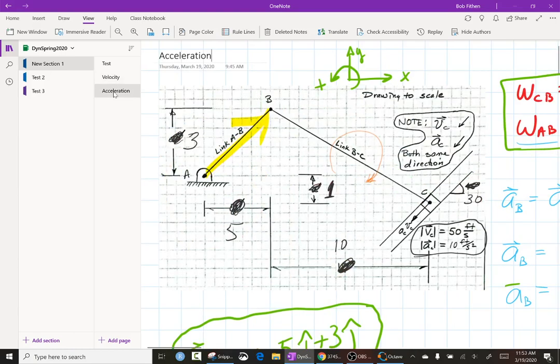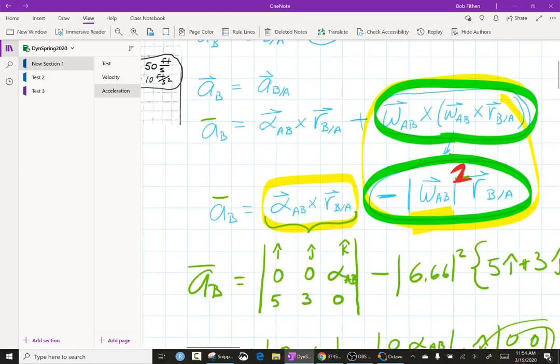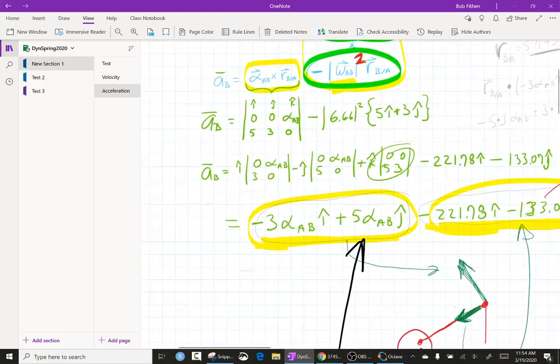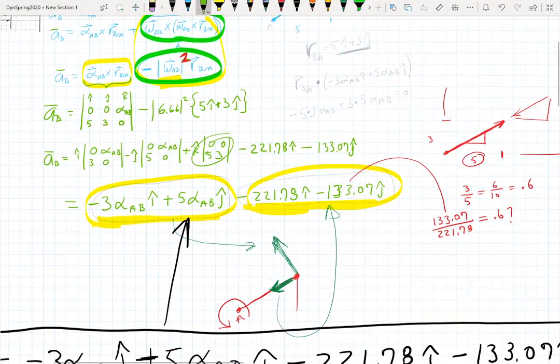All right, so I'm going to go back to the acceleration. What I'm going to do is I'm going to go over here till I find my term, which for some reason I did not write.